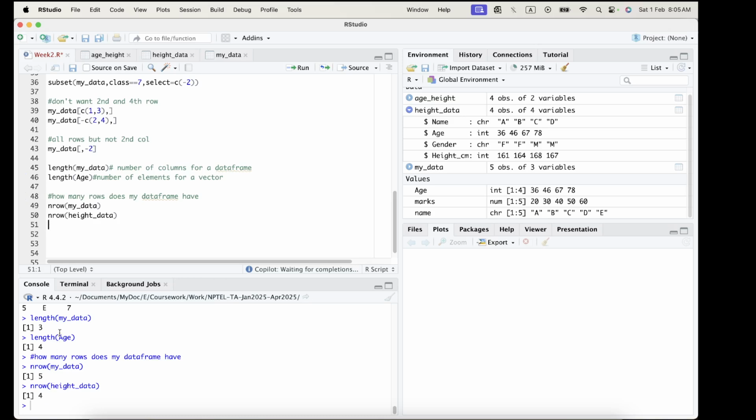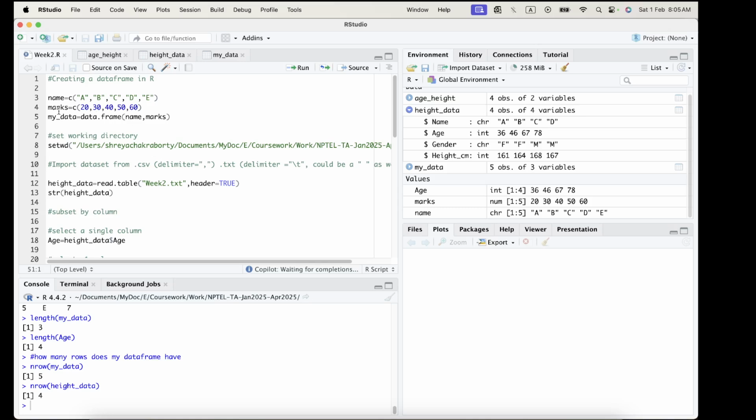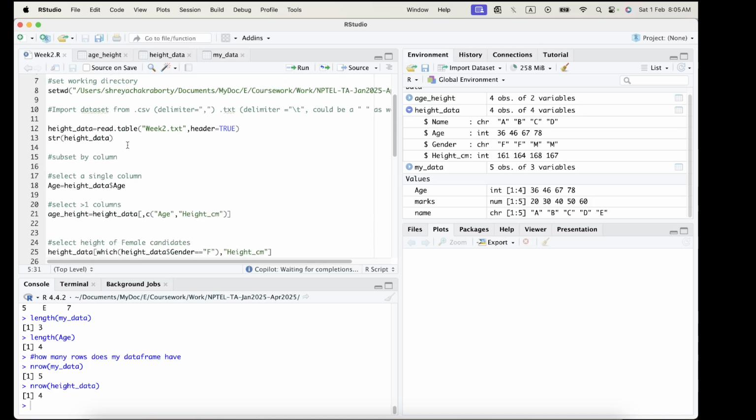Okay, so this was a little about data frames. We learned how to create one in R. This is the command that we should be focusing on, data.frame, then the actual vectors that make up the columns. How to import it, so we can use data.table if it's a txt file.